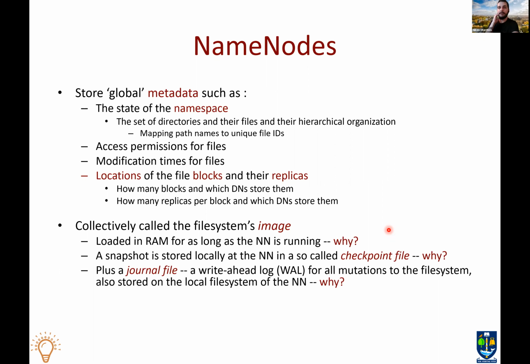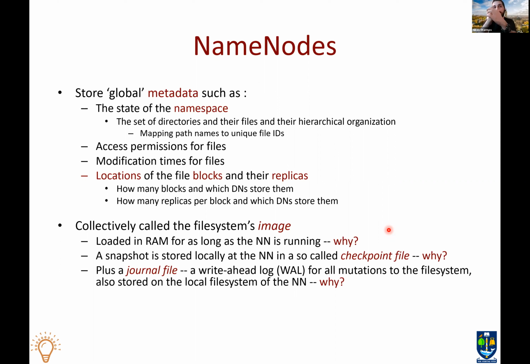Now, doing exactly this with the checkpoint file might take too long, because the checkpoint file is not handled as a log. The state of the namespace and everything in main memory is in some tree structure so that we can find it quickly.